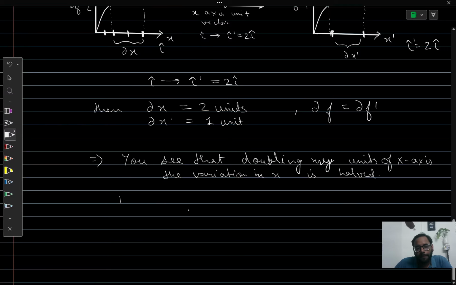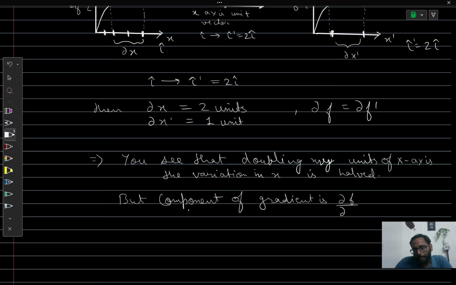But the component of gradient is del f by del x. How will it transform? It is halved, right?